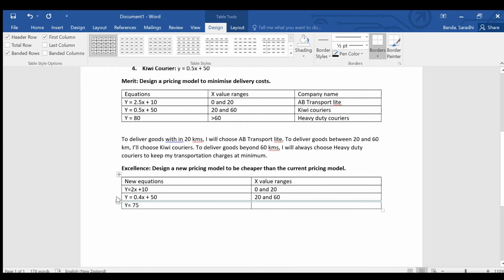I'm going to be $5 cheaper than heavy duty, and this is going to be true for distances above 60 kilometers. Now, this is just a random guess, so I'm still not sure if this is the right thing or not. To figure out if what I'm suggesting is true, I need to go back to Desmos and put these back in context. So next, just take a look at Desmos.